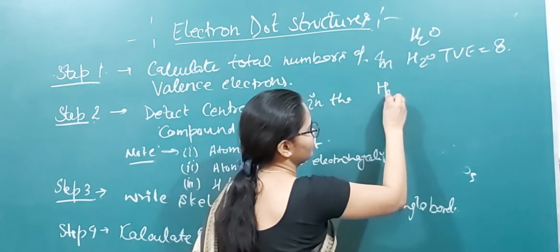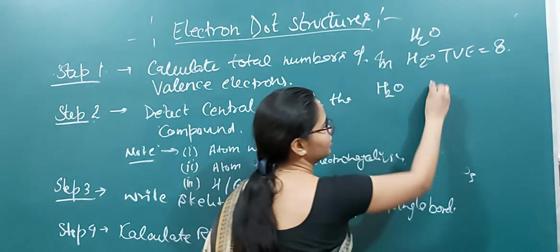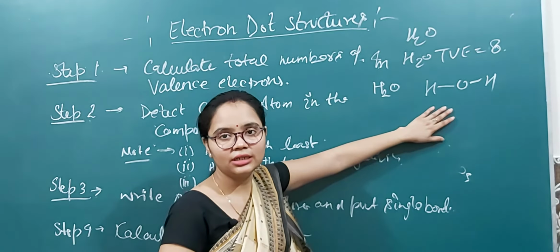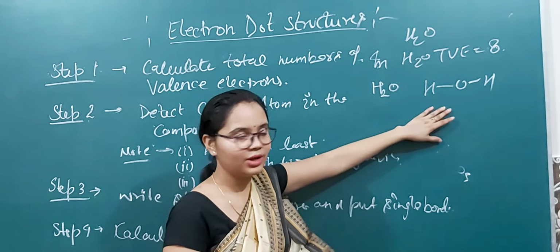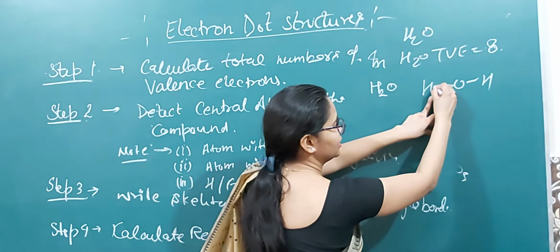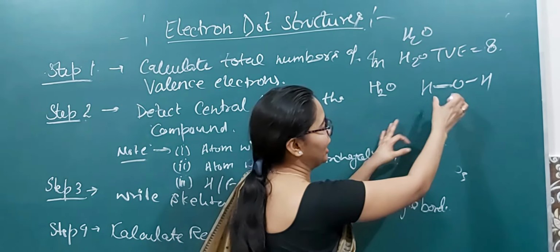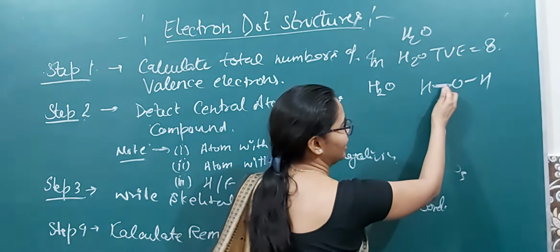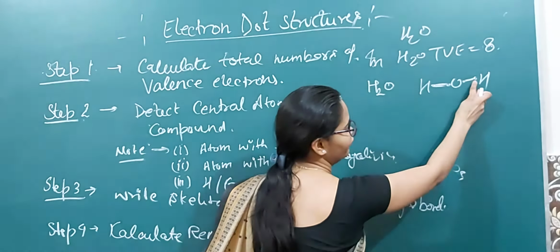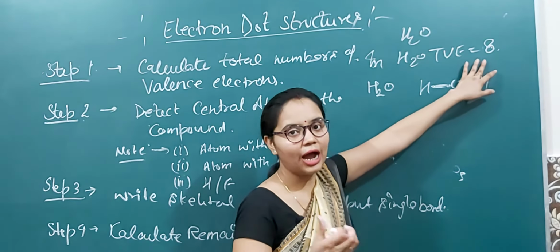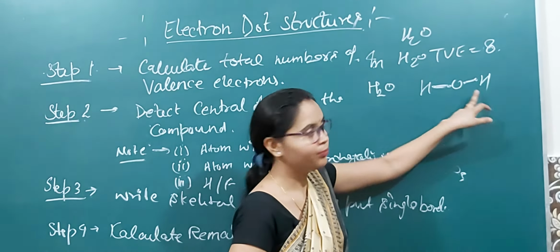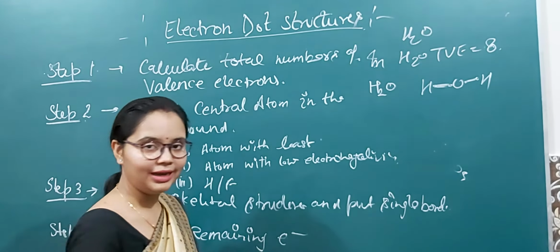Now in the H2O molecule, the atoms are present like this. In this representation I have already used some electrons. A single bond shows the sharing of 2 electrons, and I have already used 4 electrons here, as I put 2 single bonds: 1, 2, 3, 4. So out of all the available 8 electrons, I have already used 4 electrons.